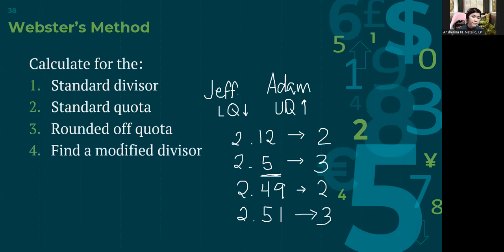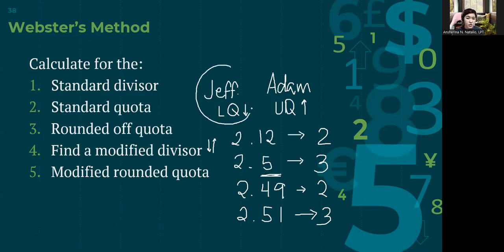And if there's a problem, again, find a modified divisor, like what we did. Actually, you can lower or increase your modified divisor. For Jefferson, you lower the modified divisor. For Adam, you raise the modified divisor. Here, it depends.